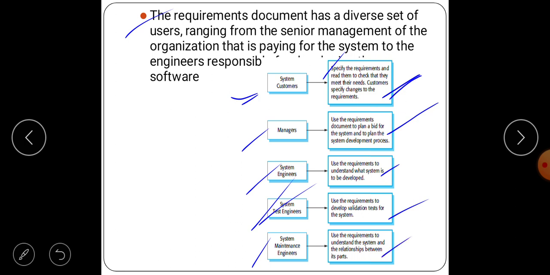Next, system maintenance engineers use the requirements to understand the system and the relationships between its parts. Why will the maintenance engineer use this document? To understand the whole system and the integration of the parts inside that system, which should be understood before maintenance. So these are the set of people who are going to use the document.